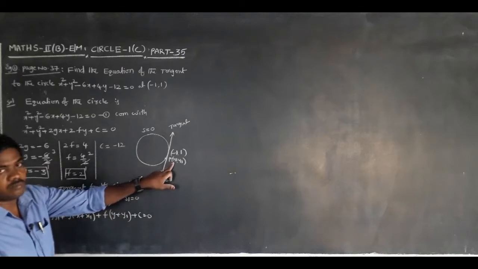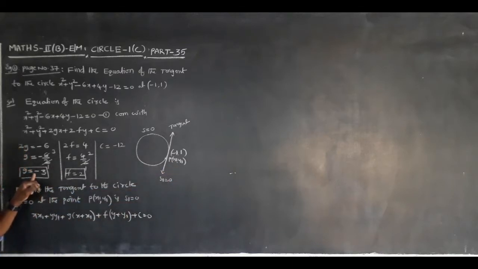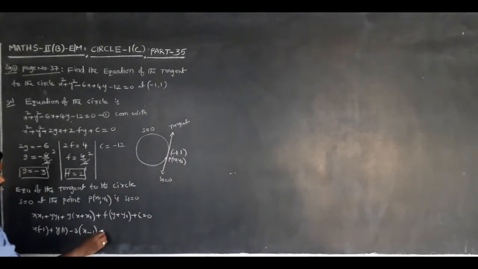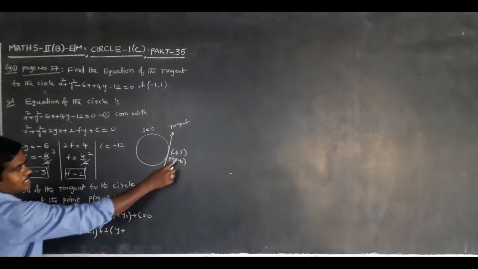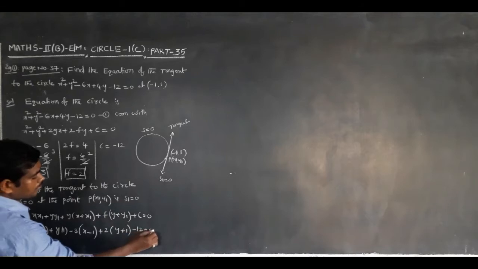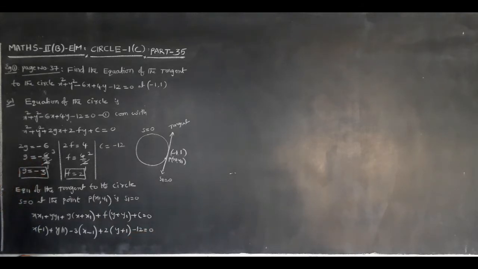Substitute the x1, y1 values and the g, f and c values in the above equation. x into minus 1 plus y into 1 plus g is equal to minus 3 into (x plus x1, which is minus 1) plus f is equal to 2 into (y plus y1, which is 1) plus c is equal to minus 12, is equal to 0.